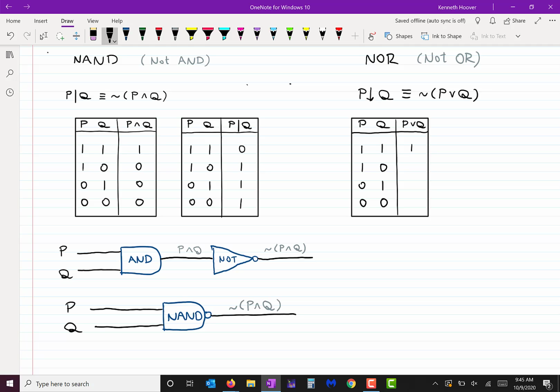So that's these three cases here. But if both signals P and Q are each turned off, then the signal P or Q would be inactive.